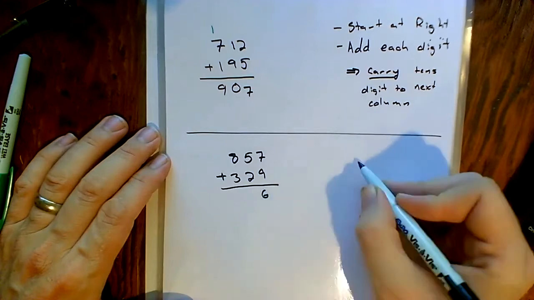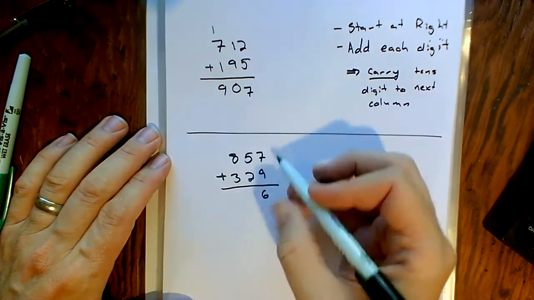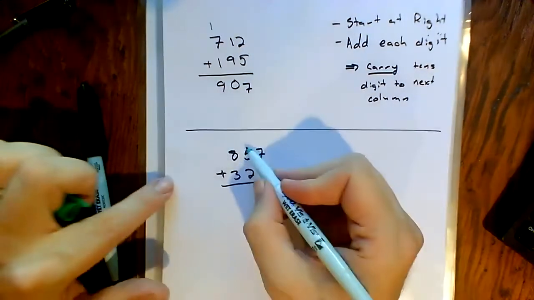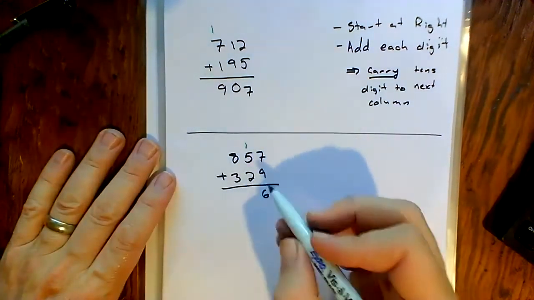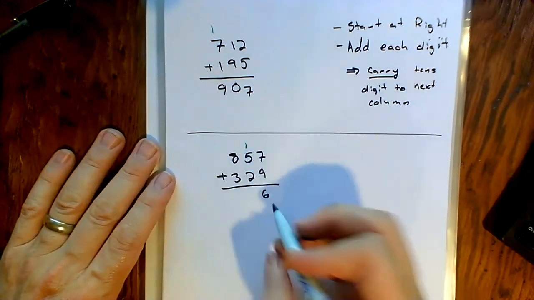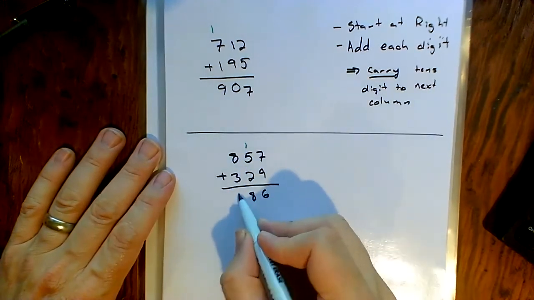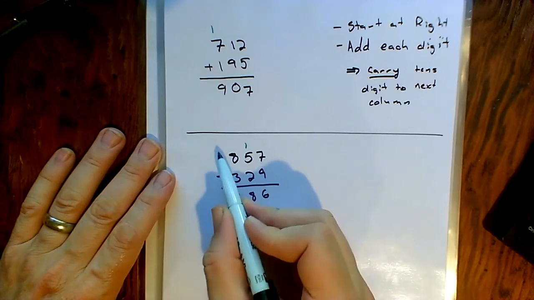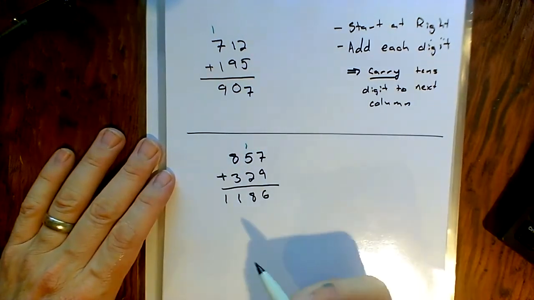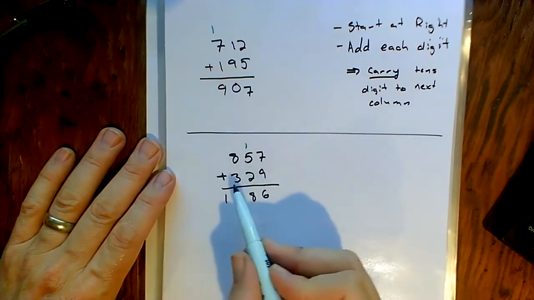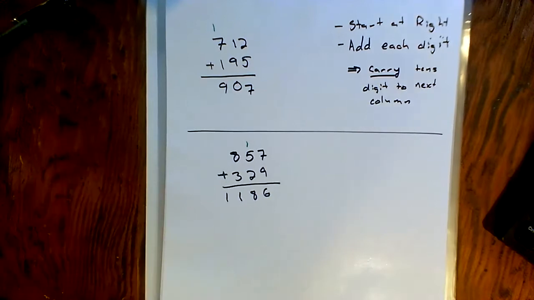So the 6 goes down, the ones digit of that goes here, and our tens digit goes up above. 1 plus 5 is 6. 6 plus 2 is 8. 8 plus 3 is 11. Now, since I don't have another column, I'm just going to drop that right down here. So 857 plus 329 is going to be 1,186.